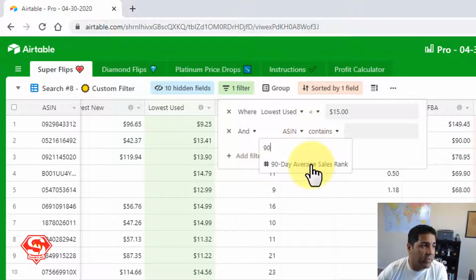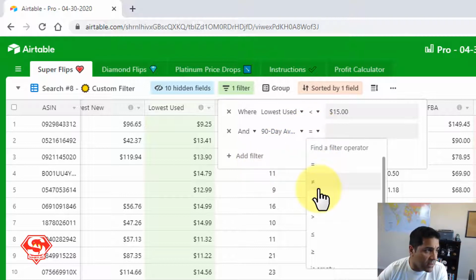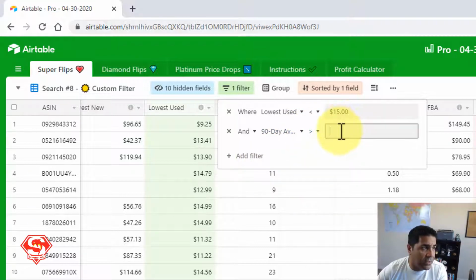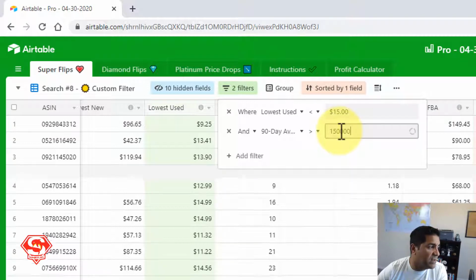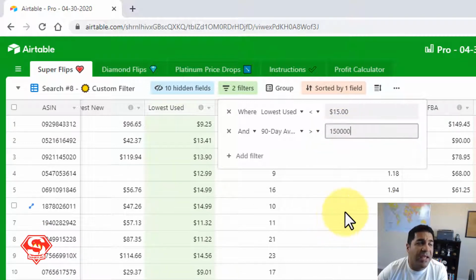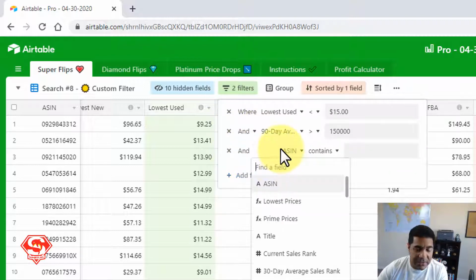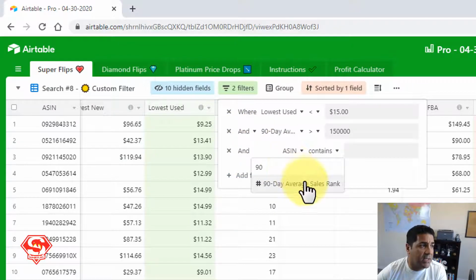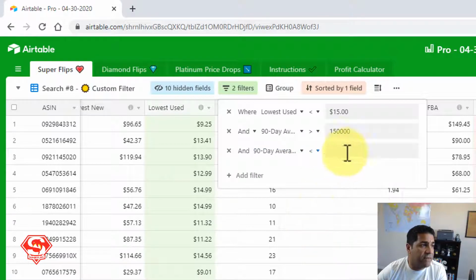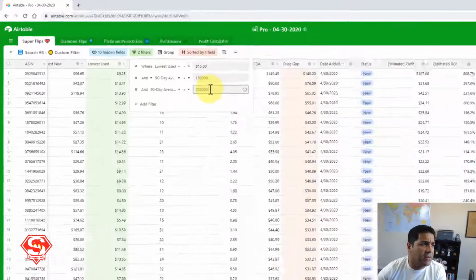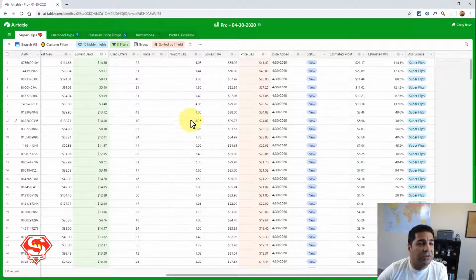So we're going to say where the average sales rank is greater than 150,000, cut it down a little bit, and we're going to add on another one, and it's less than, we're going to type in 90, where it's less than 350,000. All right, so now we're down to 256 books.